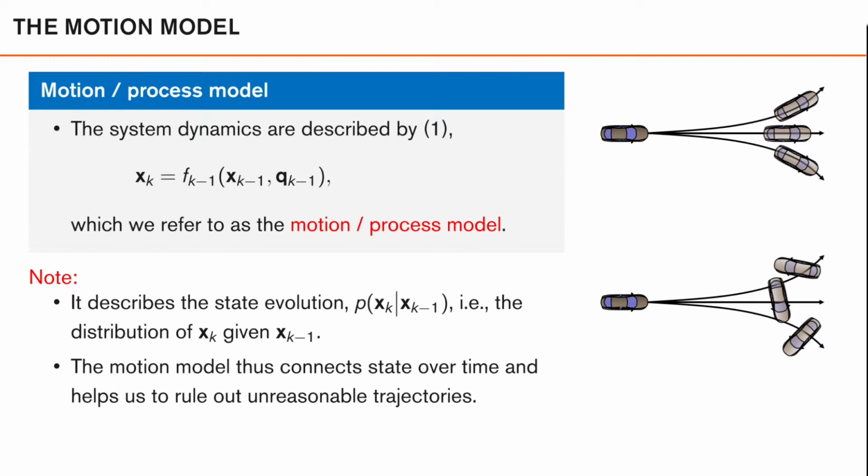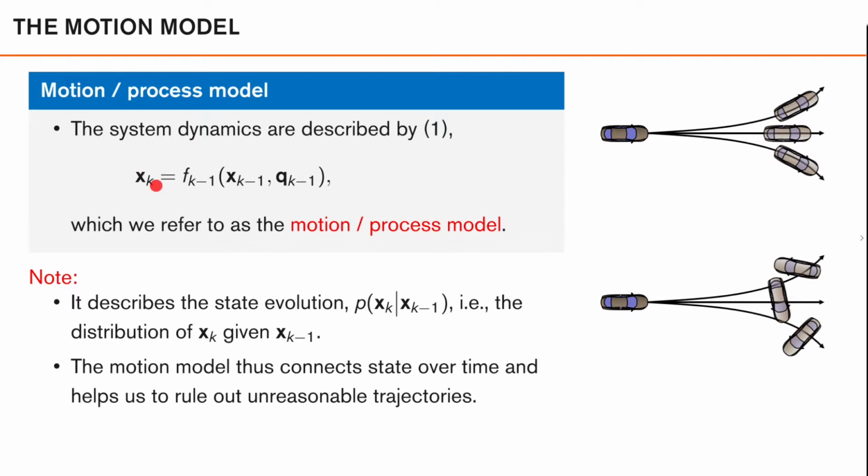In terms of, for example, estimating the position of a vehicle, the process model in this case should then describe the dynamics of the vehicle, and thus the process model will describe the motion of the vehicle. A more descriptive name in this case is to call the process model for what it is, and that's a motion model. So, in sum, the system dynamics is described by this model here, which we refer to as a motion or process model.